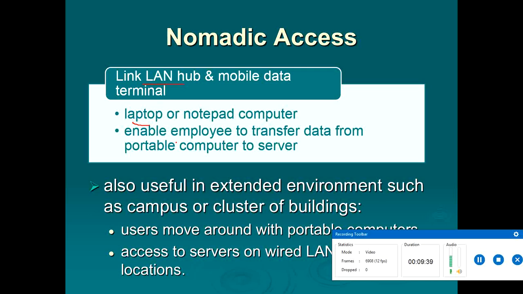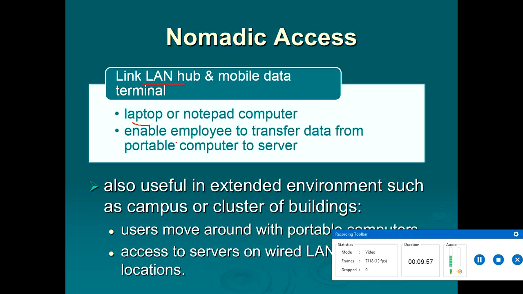An example of such a connection is to enable an employee, after returning from a trip, to transfer the data from a personal portable computer to the server of the office.